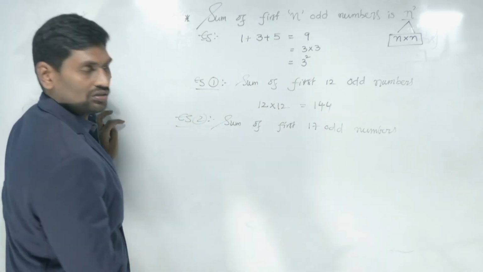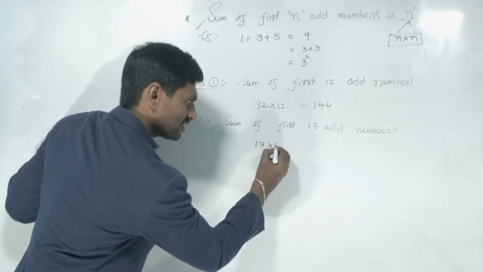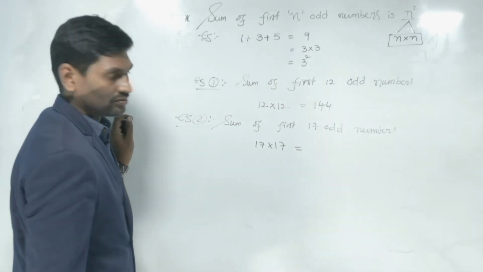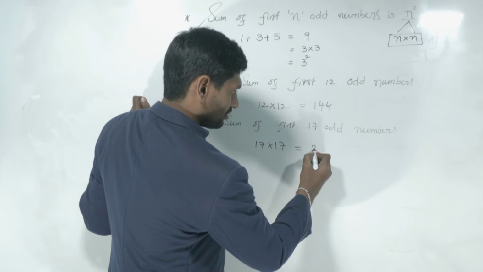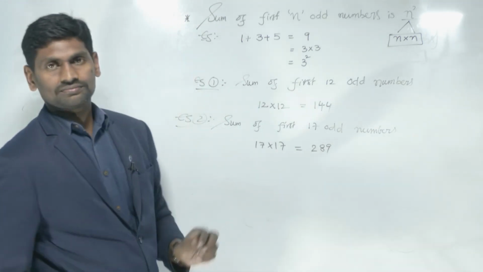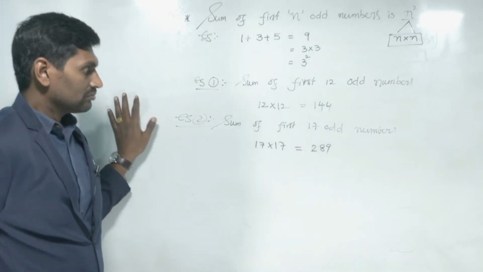Multiply 17 into 17. 17 seventeens are how much? 289. Okay?